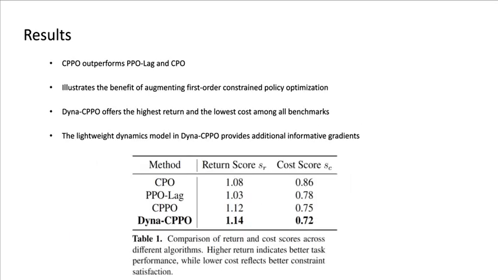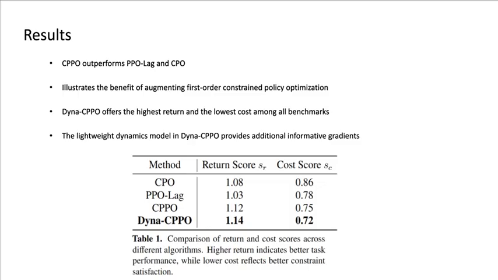These are the testing results for all our 4 benchmarks. Specifically, we consider CPO, PPO-Lag, CPPO, and Dyna CPPO. From this table, we see that CPPO outperforms PPO-Lag, the Lagrangian method, and CPO.